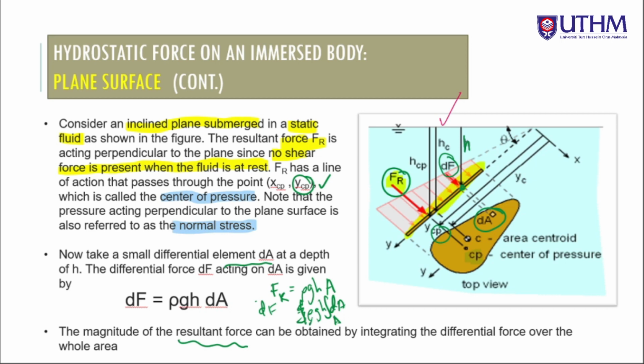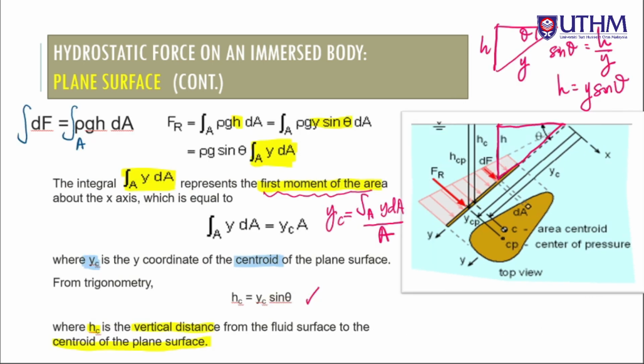Rho G h ni adalah constant. Alright. So next, okey. So sekarang kita nak dapatkan lebih kurang macam macam mana kita nak dapatkan nilai of YC ni, kan? So kalau kita tengok dekat sini, dF sama dengan rho G h dA.